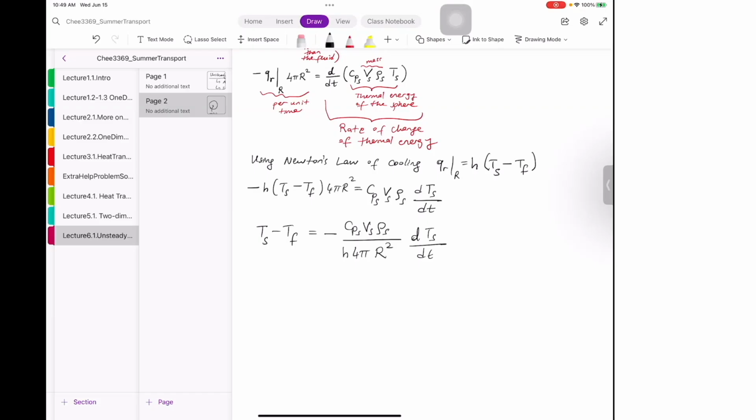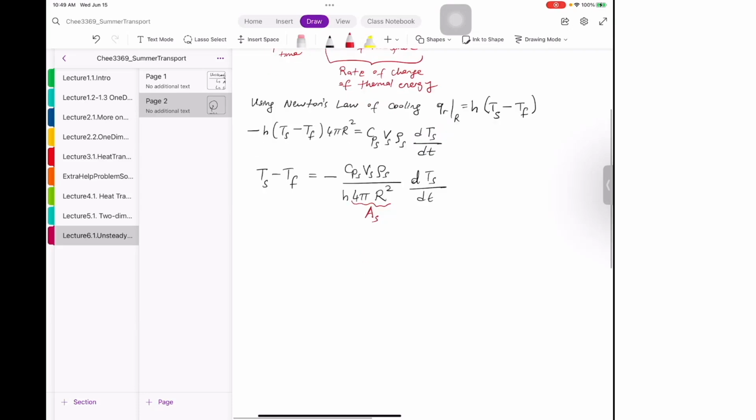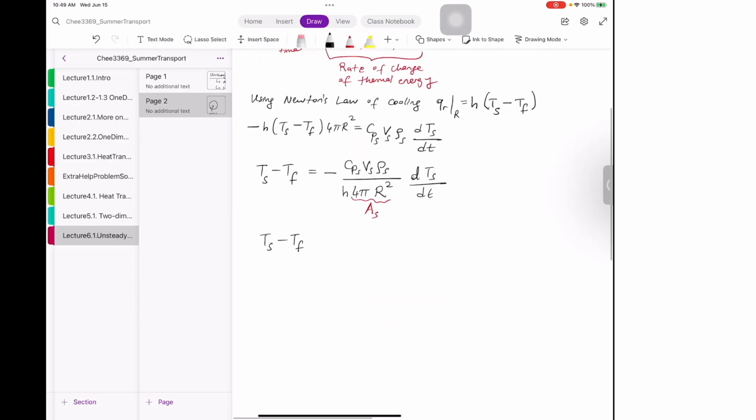I mean, it's better to just leave it as Vs. And instead of 4 pi r squared, you can write down the surface area of the sphere, right? Instead, you can write it as Ts minus Tf is equal to minus Cps Vs rho s divided by H As times dTs over dt. Okay. And let's call this equation 1.